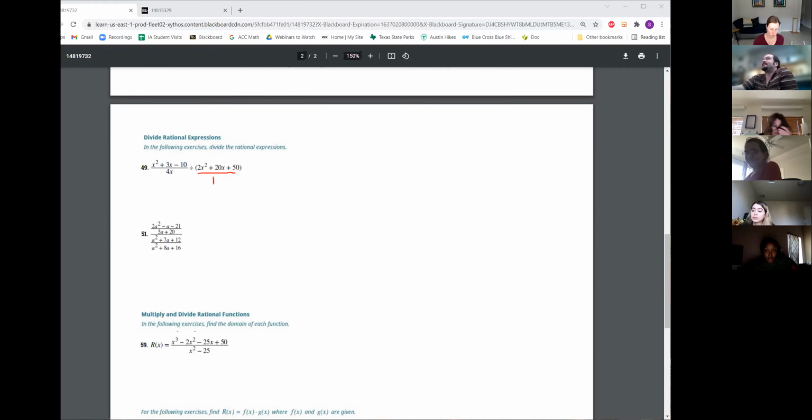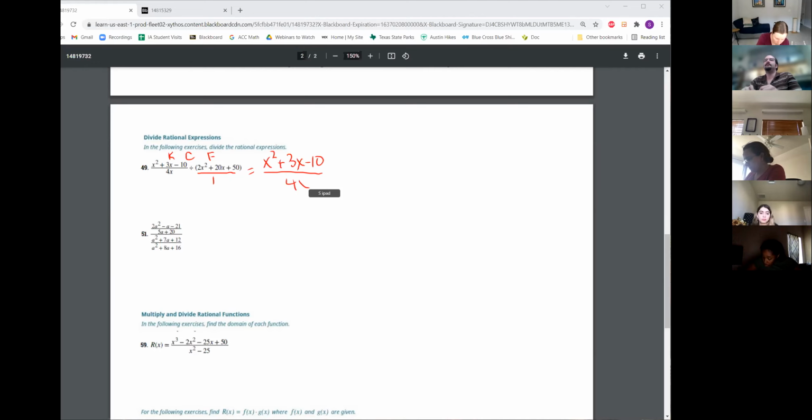Yep. Okay. All right. So to start off, if I can read my own handwriting again. I just started by... I gotta keep looking at my notes. Hold on. Just gonna start off with the left side and factor it.